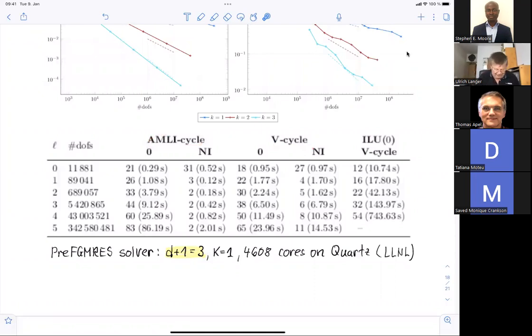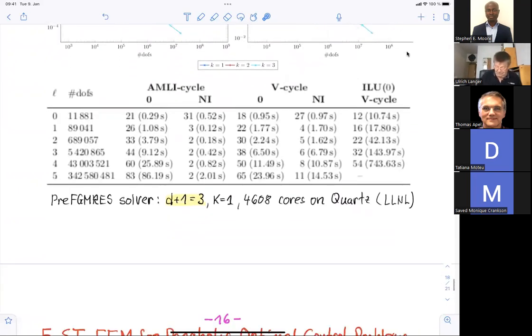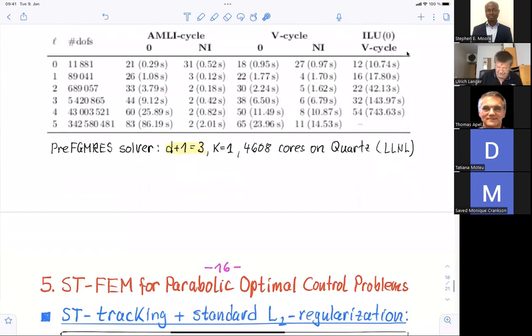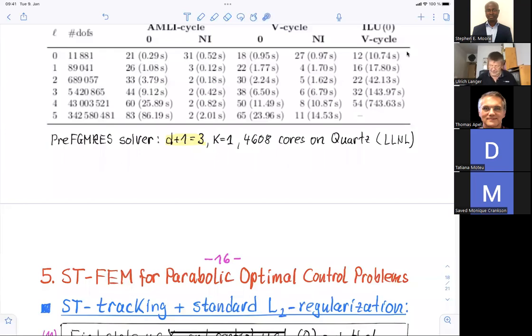At least you can solve a big problem with about 350,000 unknowns in something like 2 seconds. And then we did the same in 4D, 250,000 in less than 1 second. So you can do it fast if you use a parallel computer, of course. This is the number of cores that you see on Quartz in Livermore.